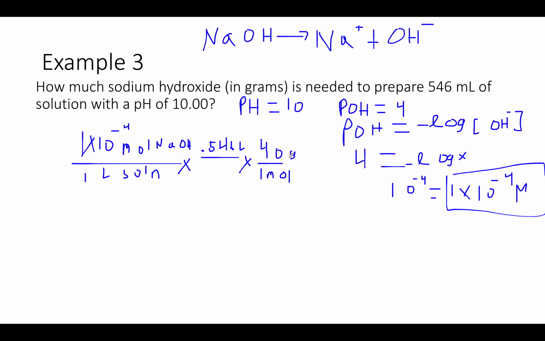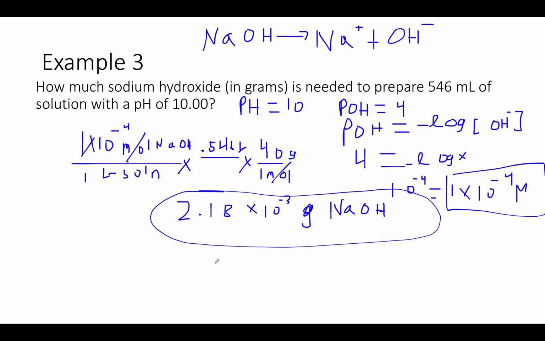So the liters cancel, the moles cancel, and you're left with grams. So with 3 significant figures, you need 2.18 times 10 to the negative third grams of sodium hydroxide. And that is your final answer here.